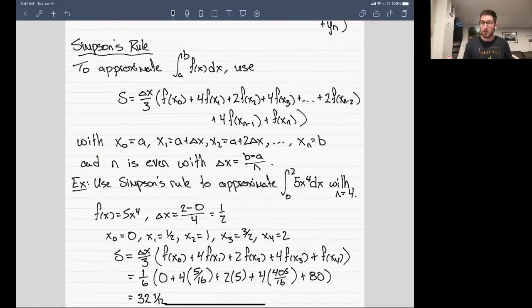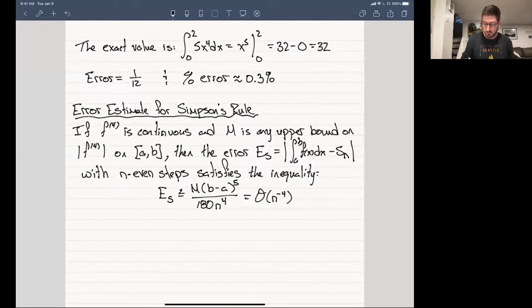You just need to remember the coefficients in here. But the advantage now is that the error is much better than the trapezoidal rule, or it's expected to be, because you have this much better bound. So you can get away with using fewer points, meaning you're looping over fewer points, so you have a much faster program if you're actually writing a computer program.